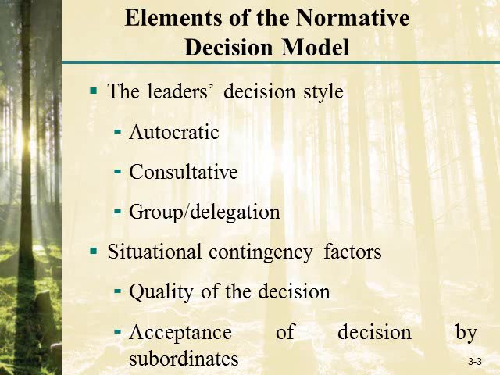When the leader has sufficient information to make the decision, maybe when the quality of the decision is not essential, when employees do not agree with each other, or when employees do not agree with the goals of the organization. So here we can use the autocratic decision-making style, which focuses on the leader is always right. He's going to make all the decisions by himself without referring to the employees.